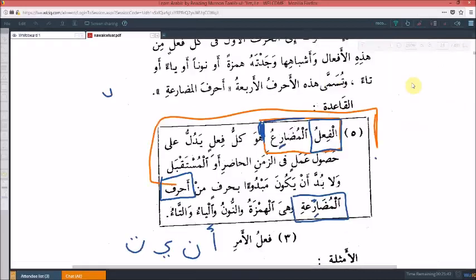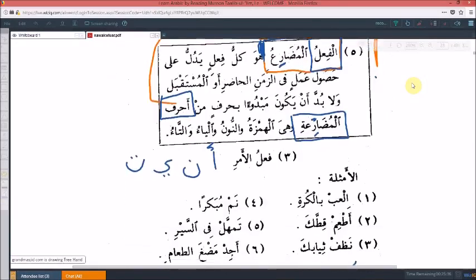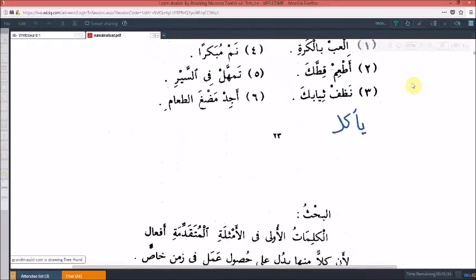Let me scroll down. What does that hamza, noon, ya, and ta mean? If we look at any present tense verb, no matter which one it is, we'll look at ya'kulu, ta'kulu, ta'kulina, akulu.